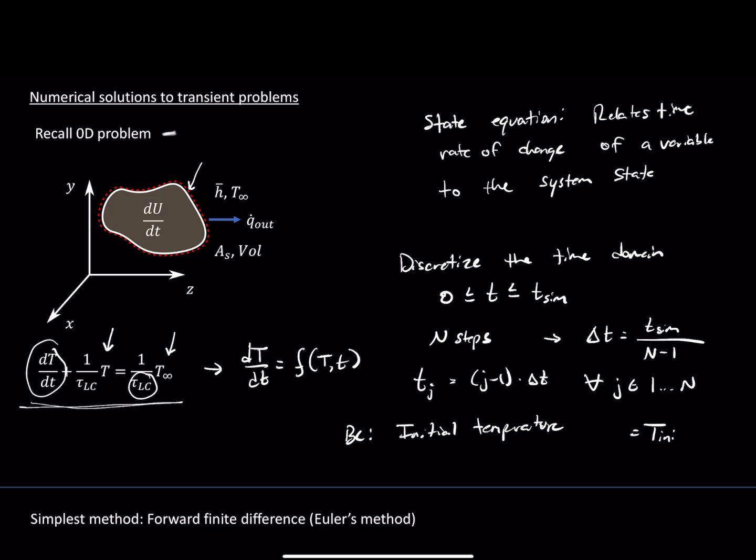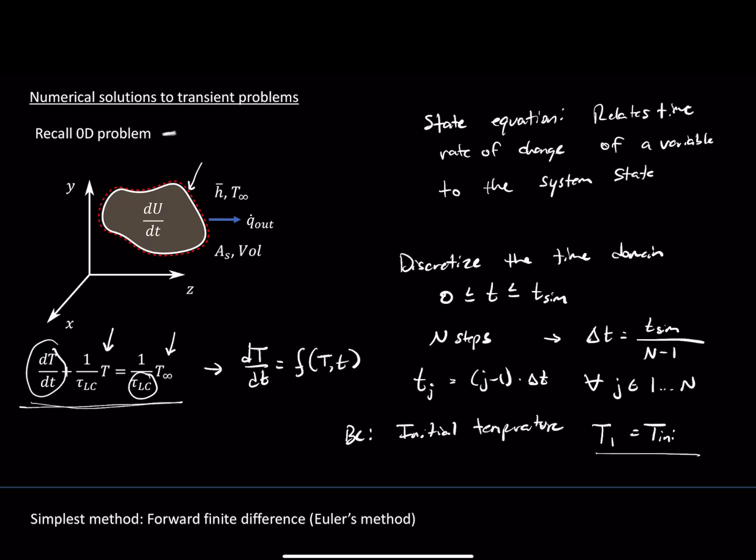But importantly, how are we enforcing the initial temperature? Well, we can develop an equation that lets us predict T2, T3, T4, the next temperatures. We just need to specify T1 in a separate equation. So we would write an equation that says T1 is equal to T initial, and then write a separate equation for what T2 is and how we get to that point.